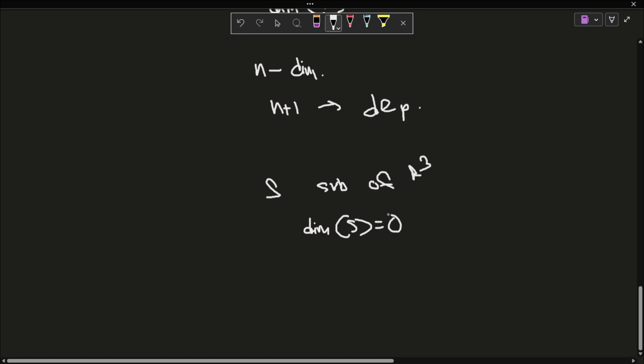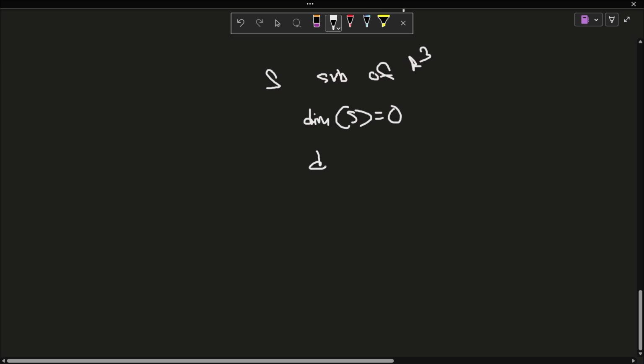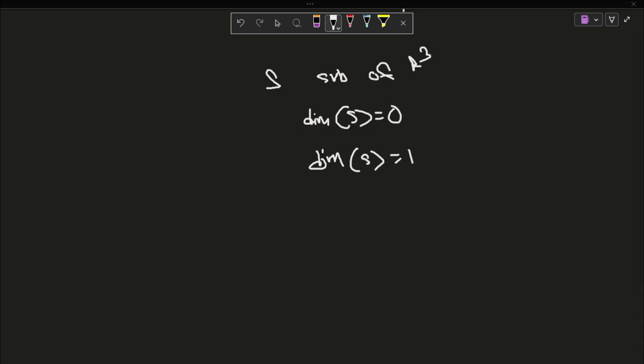Okay? So a vector space only has dimension 0 if it's only the 0 vector. And then on the contrary, if we have dimension of S equals 1, then in a graphical sense, S will just be a straight line through the origin.